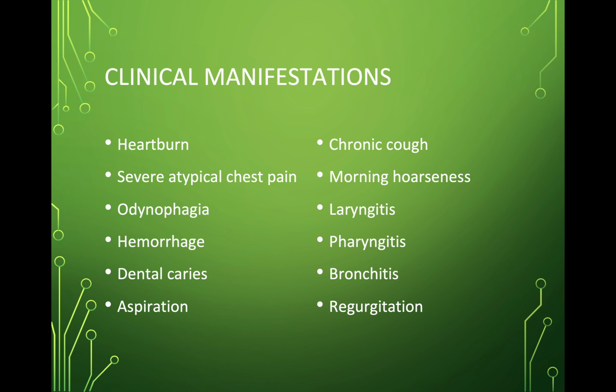Some other things, though, that might not be so obvious in terms of what your patient's assessment is going to look like: they could have very severe complaints of chest pain. Another one to think about is, are we dealing with heartburn or some kind of cardiac issue?